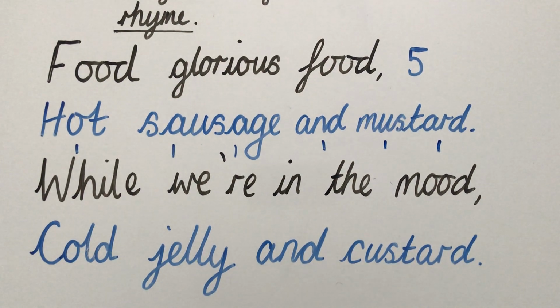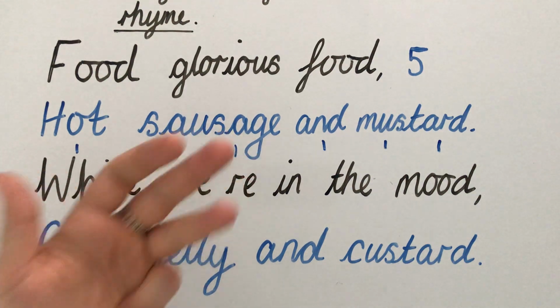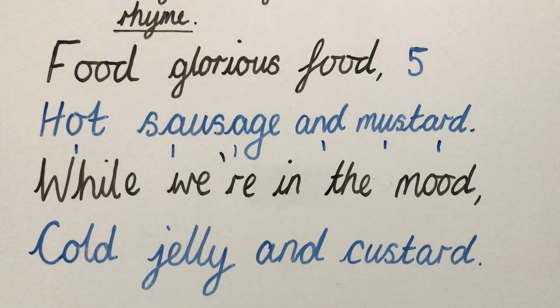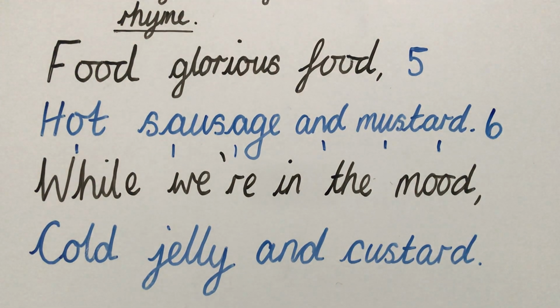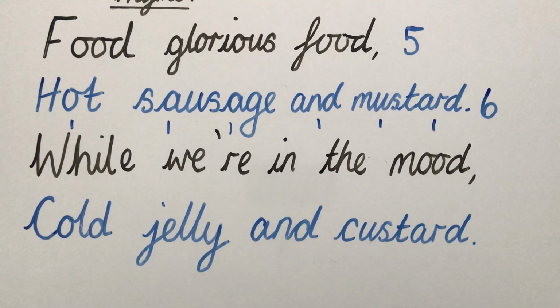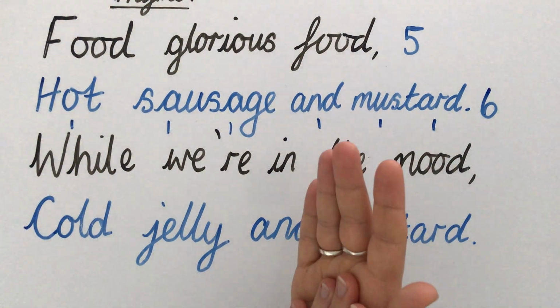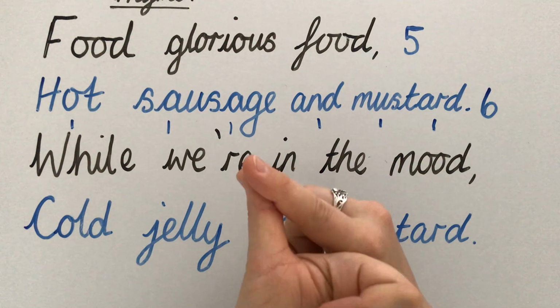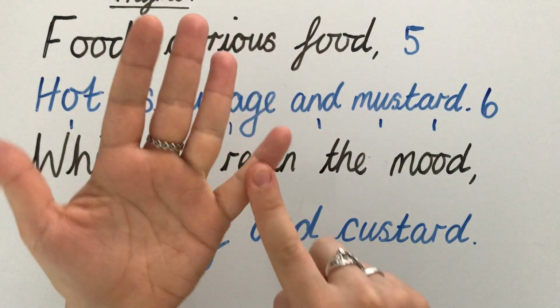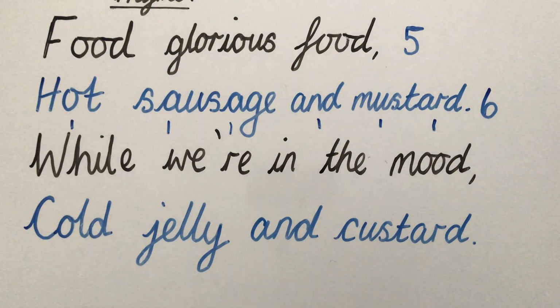So let's count them up. Hot, sausage and mustard. So this line has got 6 syllables. Okay, let's find out our next one. While we're in the mood. So that's 5 for that one.